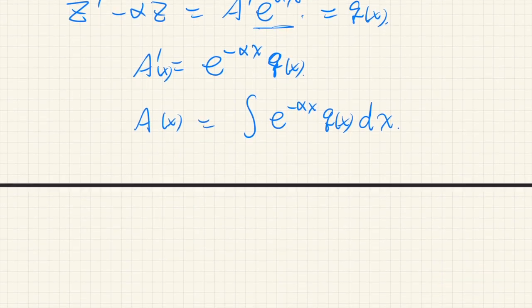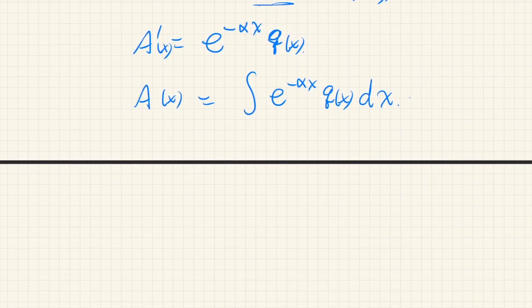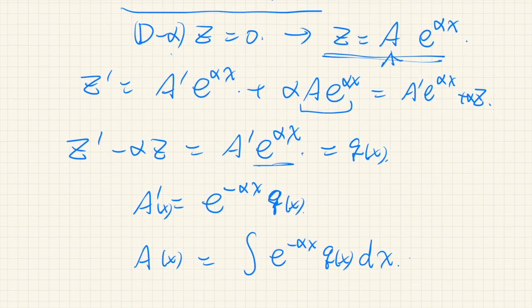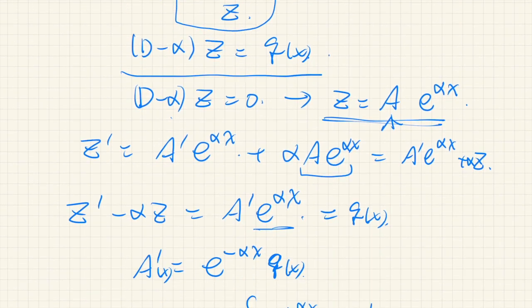And we substitute this function into here. Okay, so z is a of x times exponential of alpha x, and so just swap the order. Okay, now we solve, wait, where is it? So this differential equation, okay?